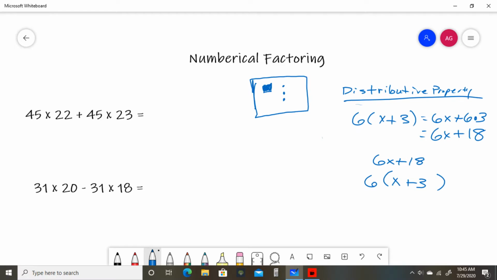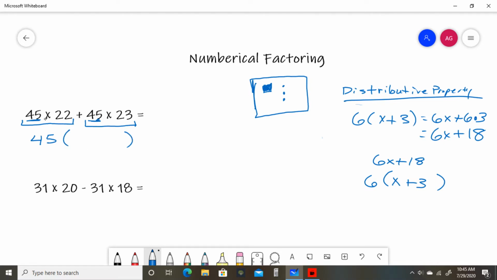So now we can use that on our first question. We have 45 times 22 plus 45 times 23. So obviously we have a common factor of 45 in both of these expressions. I'm going to refer to the individual things that are being added as expressions. So let's try factoring that out. 45 is what's going to be on the outside.